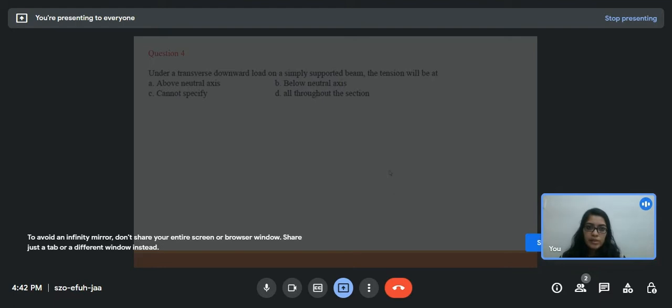We'll move to the next question, that is question number 4. Under a transverse downward load on a simply supported beam, the tension will be at: above the neutral axis, below the neutral axis, cannot specify, or all throughout the section. We'll see what happens when a simply supported beam is acted upon by a transverse downward load.